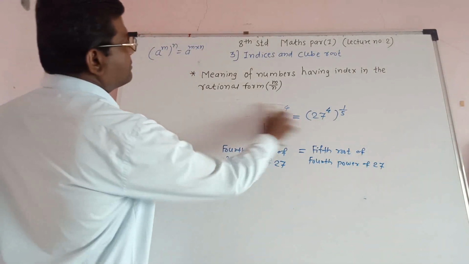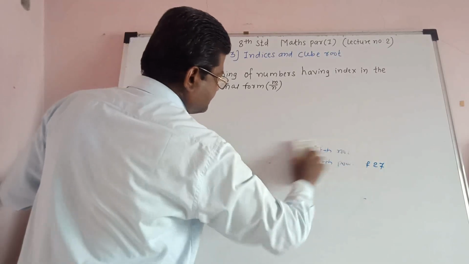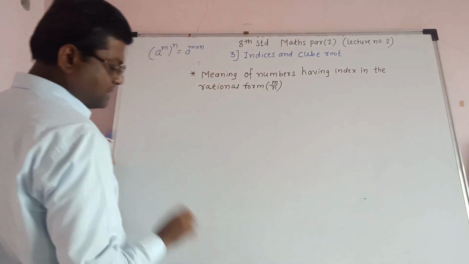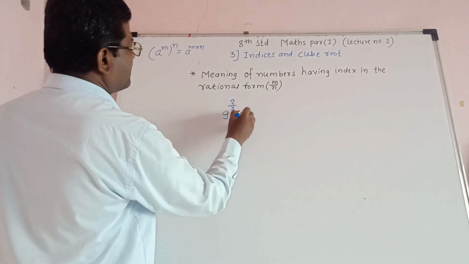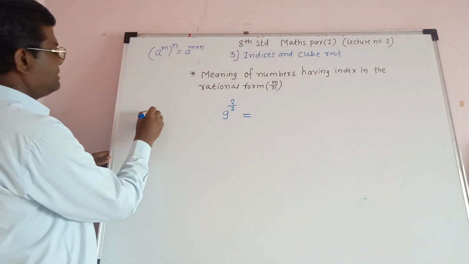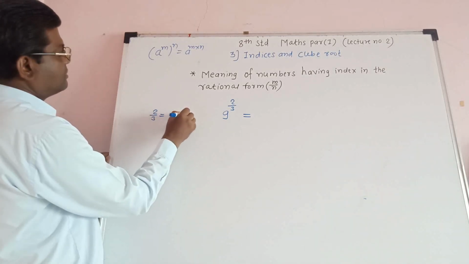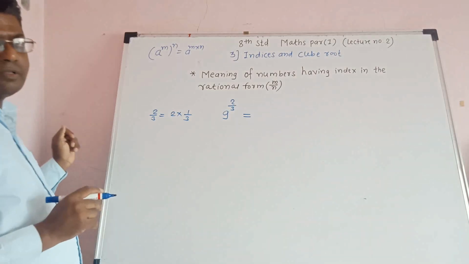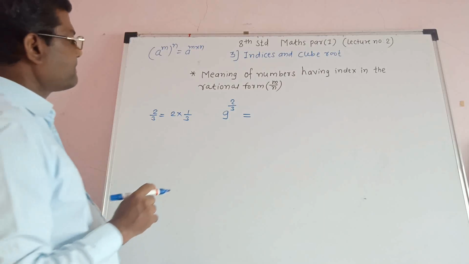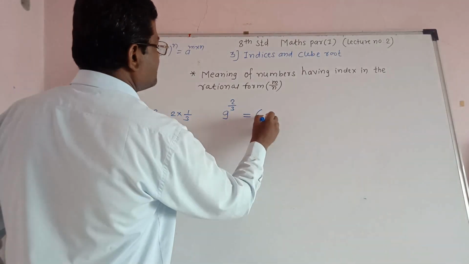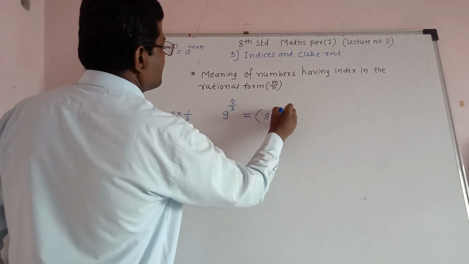Let us take one more example to understand clearly. Suppose we have the number 9 raised to 2 upon 3. This 2 upon 3 can be written as 2 into 1 upon 3. So we can interchange the index as 2 and 1 upon 3 here. So we write 9 raised to 2 raised to 1 upon 3.